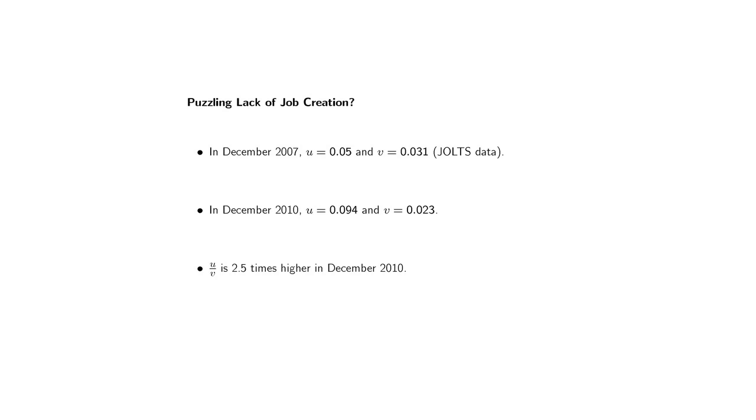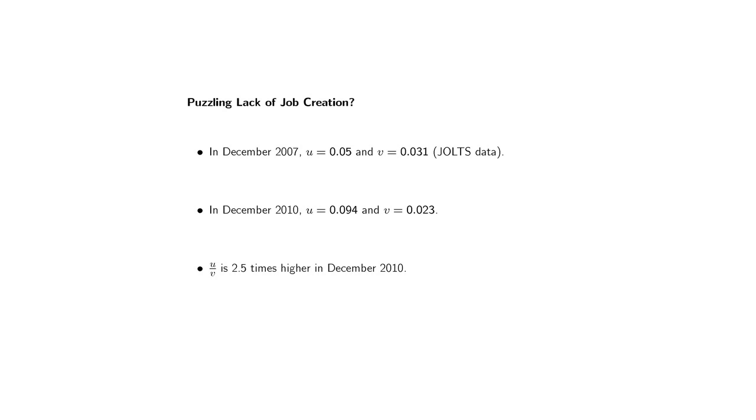Now, why is the model useful? It's because this formula highlights the puzzle, what appears to be a puzzling lack of job creation in the United States right now. We can now take the data. In December of 2007, before the recession started, or right at the beginning of the recession, the unemployment rate was 5%.